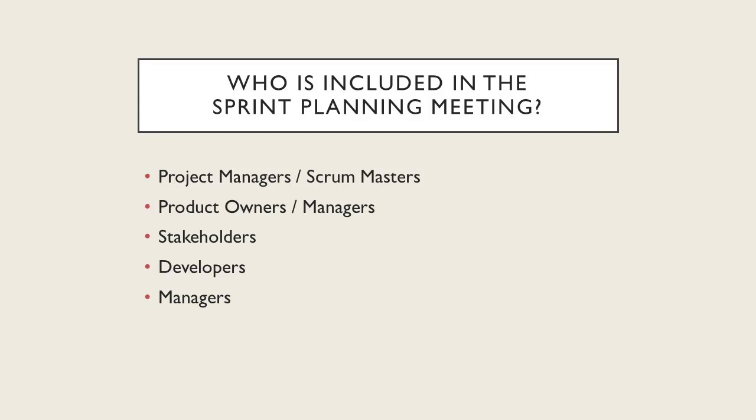Typically, developers that are working on the stories will attend as well. But if your organization has managers for developers, they can be included along with the developers or in place of the developers. Product owners, or again, the individuals responsible for deciding the direction of the product, should also be included, as they usually have the final say.